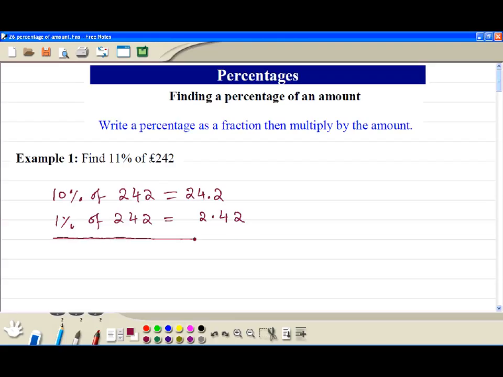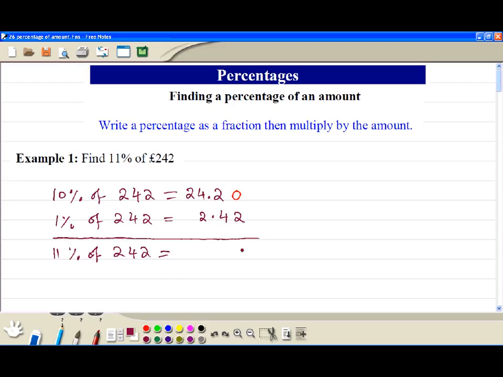Then to find the 11%, we just add, so 11% of 242, and because these are decimals, you just add a 0 here yourself, then we just add.